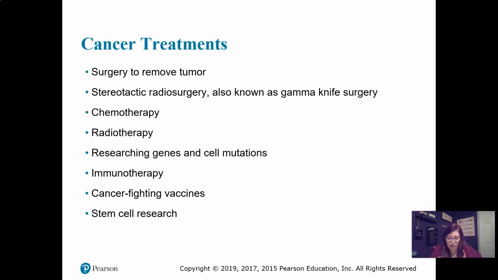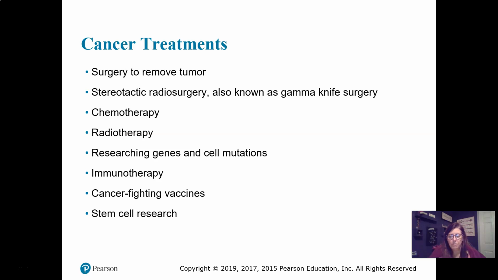Cancer treatments vary based on the type of cancer and the stage in which it's detected. Common forms of treatment include surgery to remove the tumor and surrounding tissues, stereotactic radiosurgery, also known as the gamma knife, radiotherapy, chemotherapy, combinations of some or all of the above.